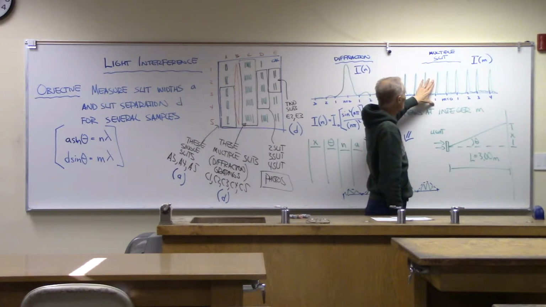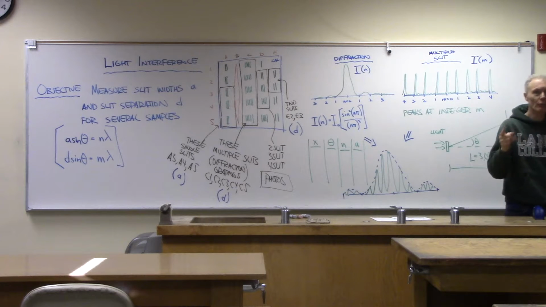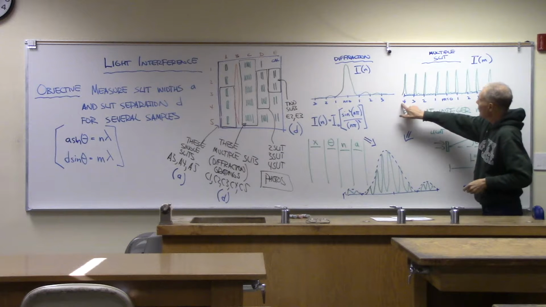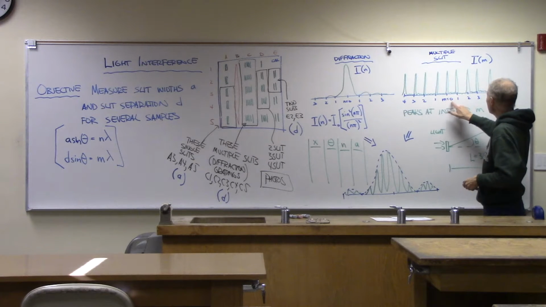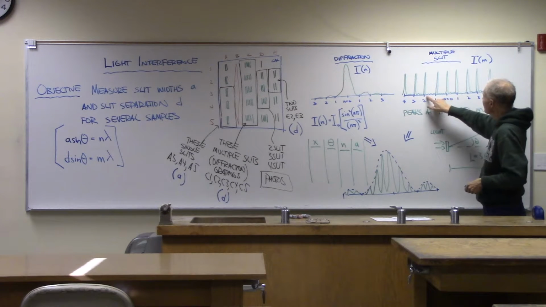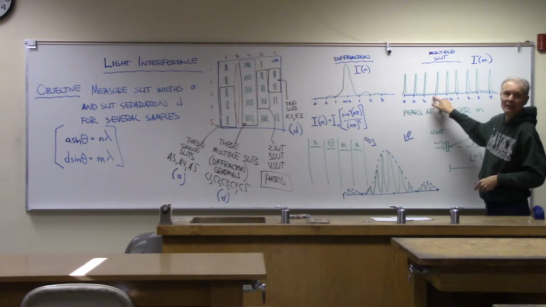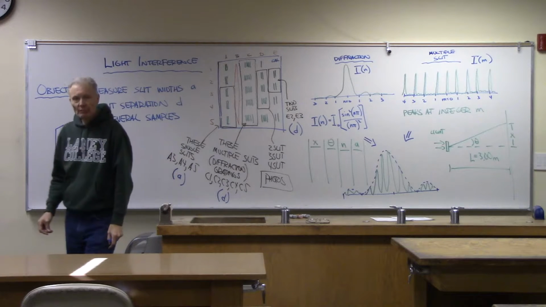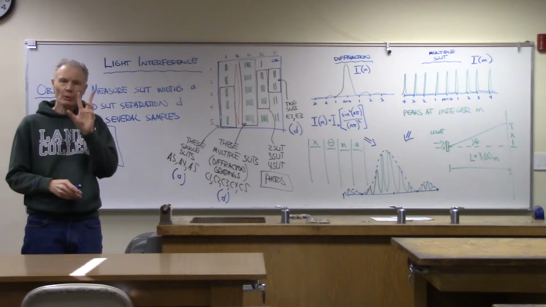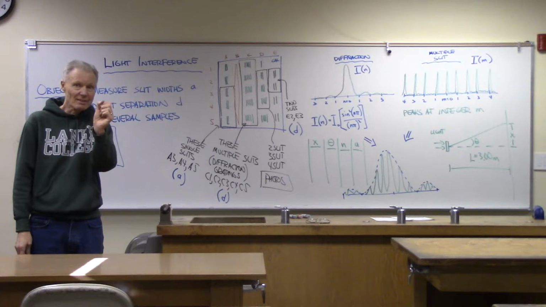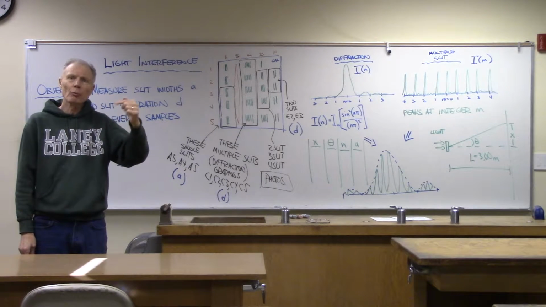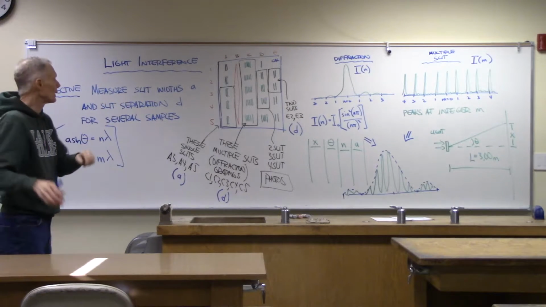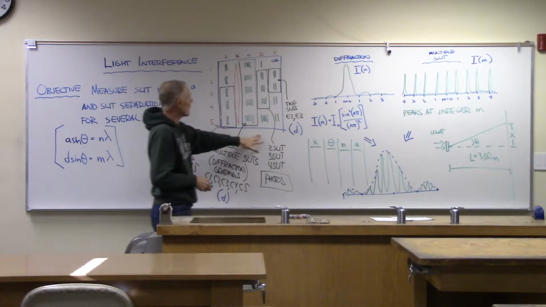But when we have multiple slits, whether it's 2 or 3 or 4 or 10 or 15 or 20, then we start to get these peaks at the integer values of m with little smaller peaks inside. Sometimes, depending on how many slits there are, if there's only 2 slits, then there aren't going to be any little peaks inside at all. And then as you go to 3, 4, 5 slits, you're going to see the number of intermediate peaks go up, but we'll see that in column D in just a minute.